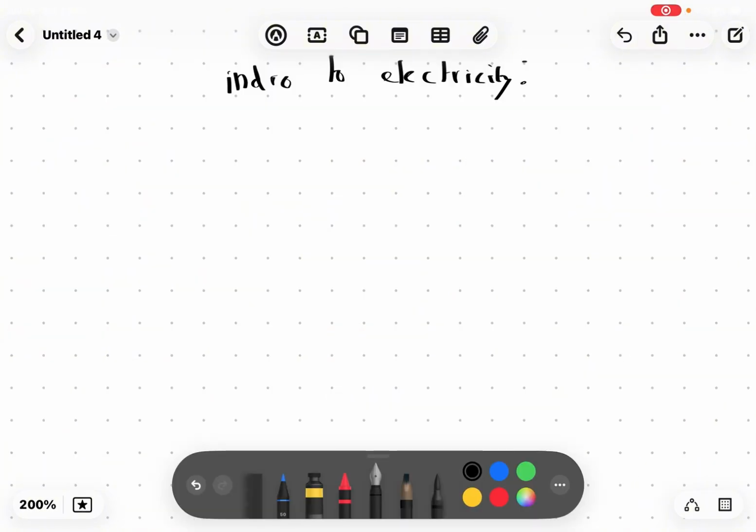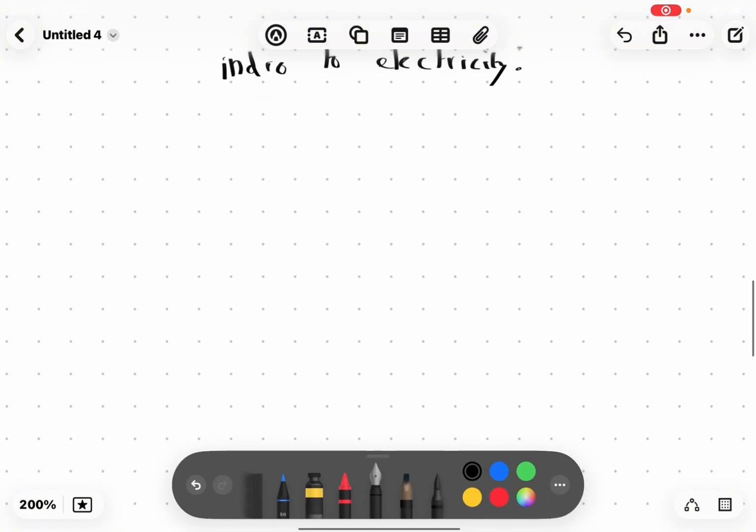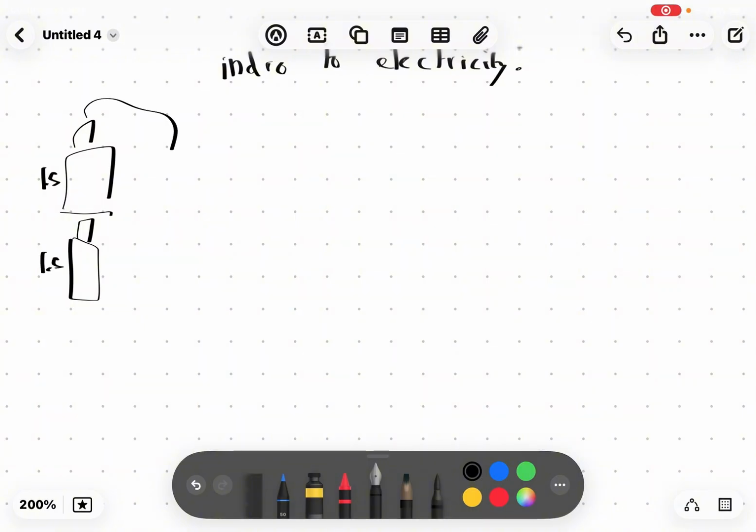So let's say we need to increase voltage. The way we do that is that we put batteries in series. Let's say both of them are 1.5 volts. If you were to measure the voltage across them, it will show you 3. However, if you want to increase the current, we do something different. We put the batteries in parallel.